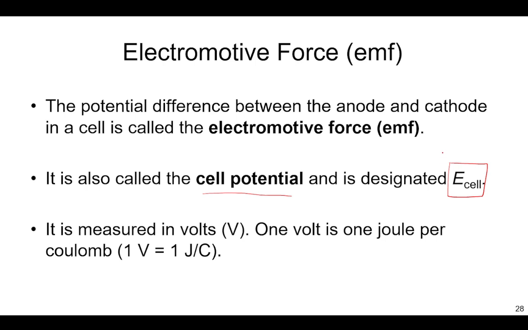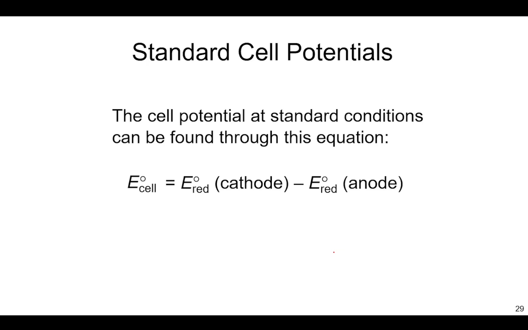And it depends on the two half reactions, one of which is a cathode and one of which is an anode. And we have an exact relationship to quantify that. This cell potential overall for this voltaic cell we built is going to be found by considering the cathode's reduction potential and the anode's reduction potential. The difference of these two gives us the total cell potential.